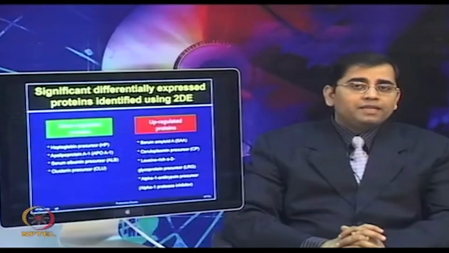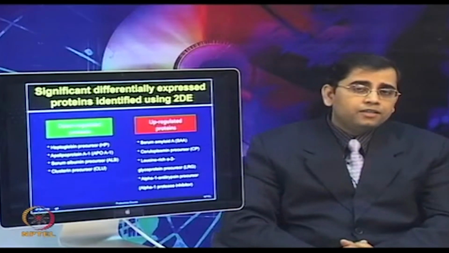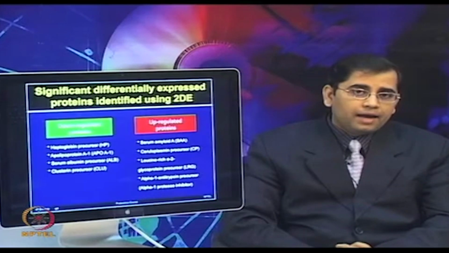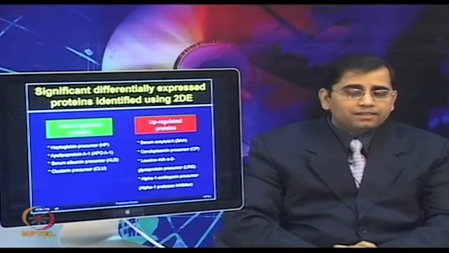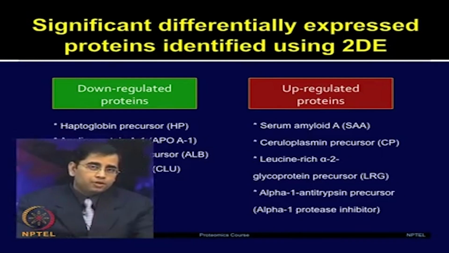But at the end, from these experiment of mass spectrometry, one can obtain the identity of these proteins, and as you can see in the slide, there are several proteins in the host human which were differentially expressed due to the Plasmodium vivax infection.